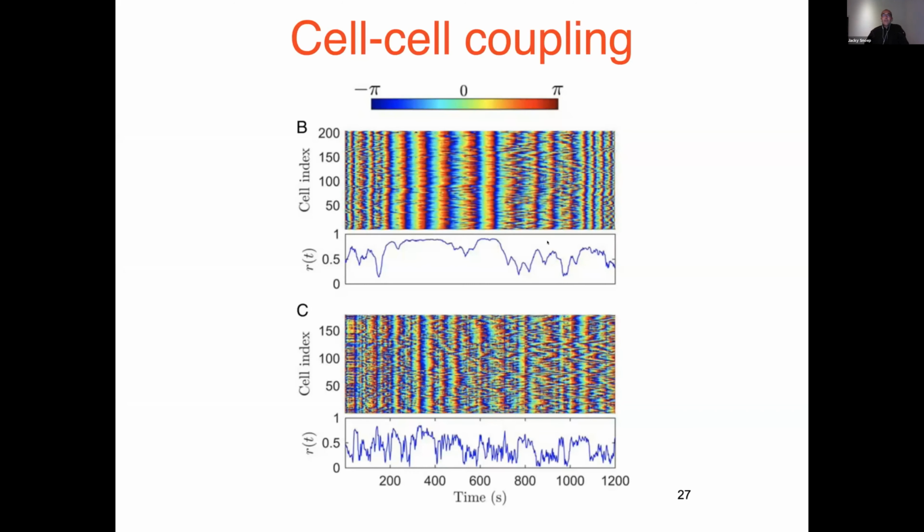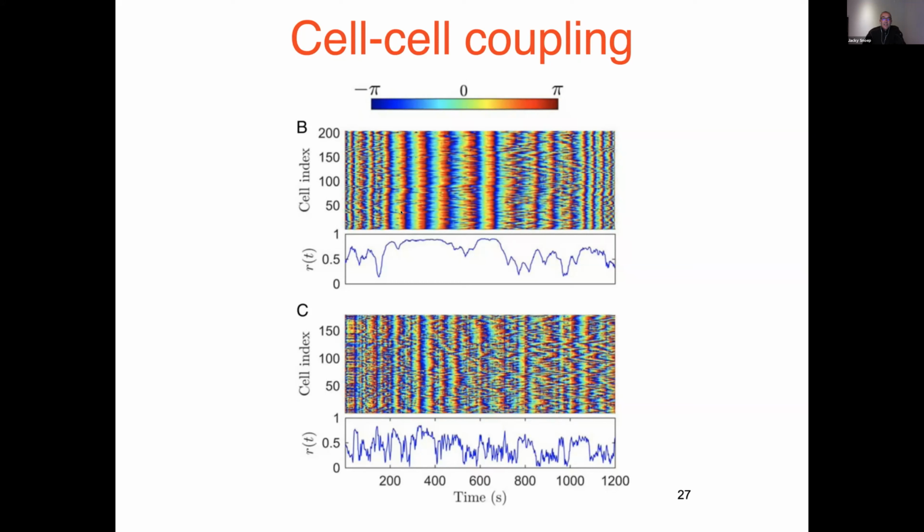So we analyze that by looking at the cell-cell coupling, by looking at the similarity in the phase, which we again analyze via the order parameter, and we can analyze the instantaneous phase by looking at the Hilbert transform of the signal.